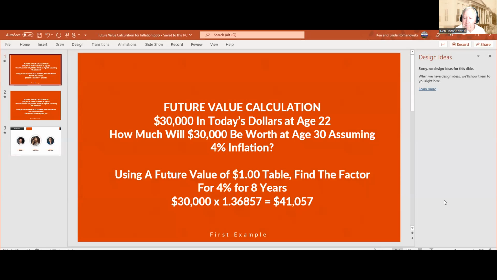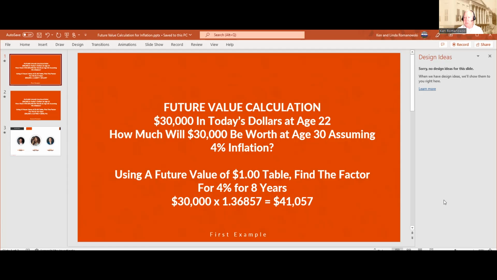Let's assume that one of the goals that you are going to be using is worth $30,000 in today's value, in today's market. So that's the present value. We're also assuming you are age 22, and you need to find out what it's going to be at age 30.